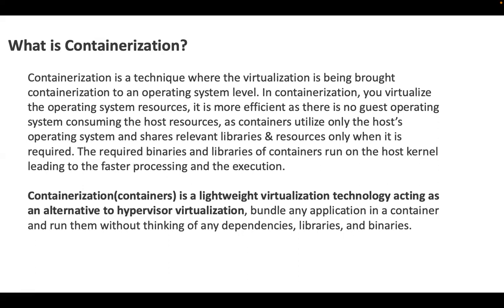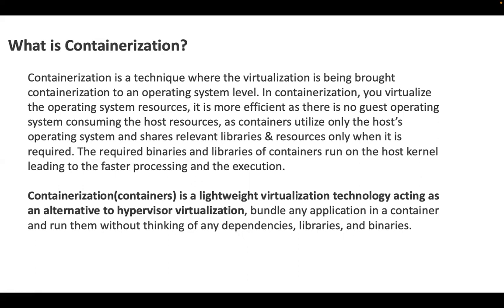But in the case of containerization, what happened? Whatever things we have already bundled and tested in the test platform, after the testing is done, you just put the same thing into the production environment. And that will run, because the container already has the required libraries and binaries which have been tested in the test environment.